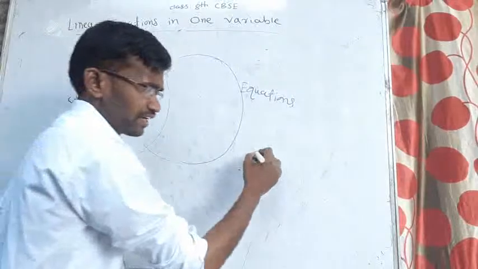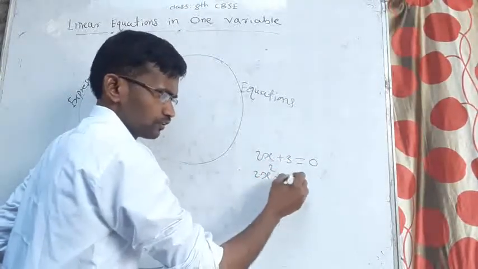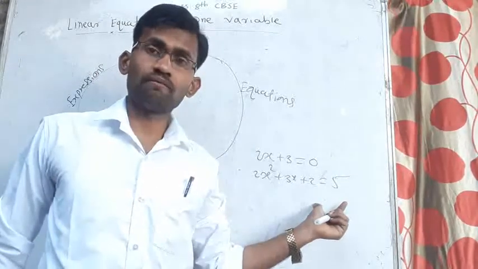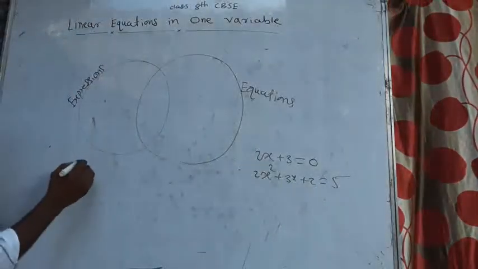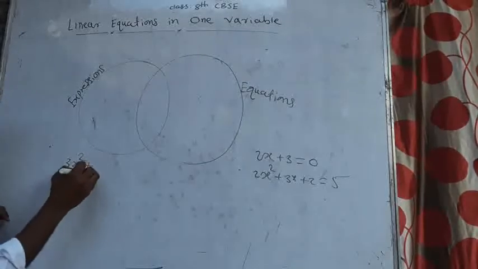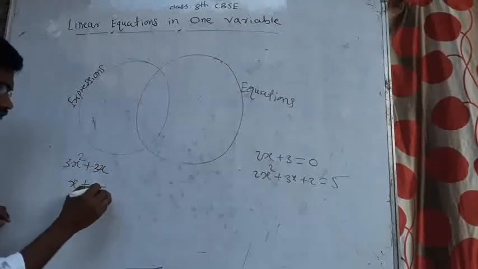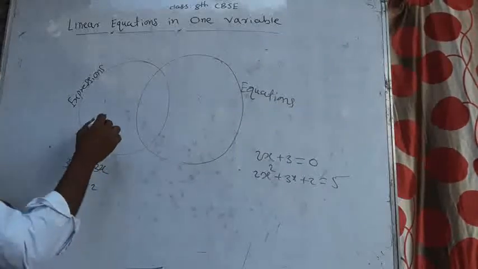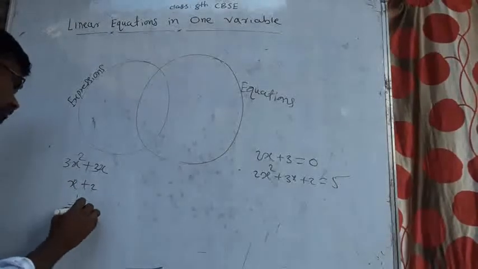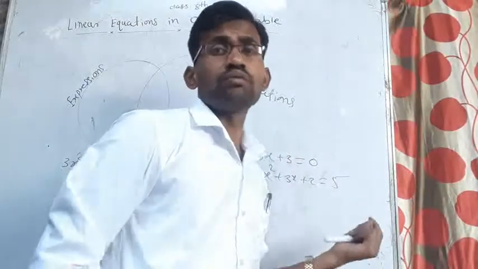Now I will write here some equations. I have told you that there is an equality sign in equation. In expression there is no equality sign. 1 by x plus 2x, these all are expressions, and in equation there should be the equality sign.